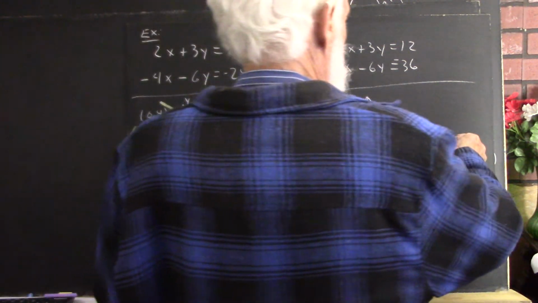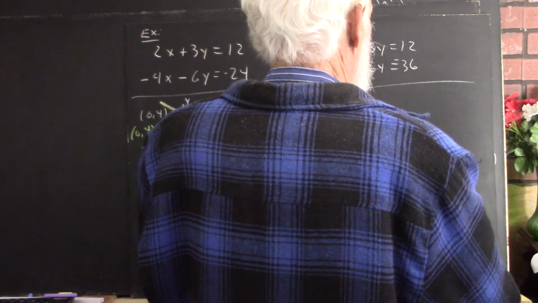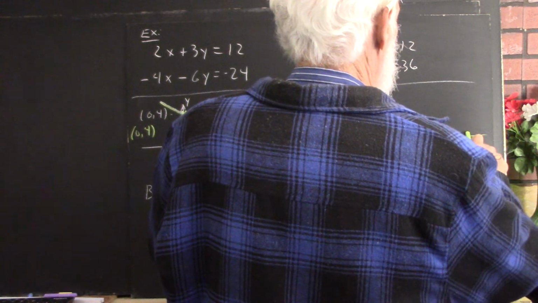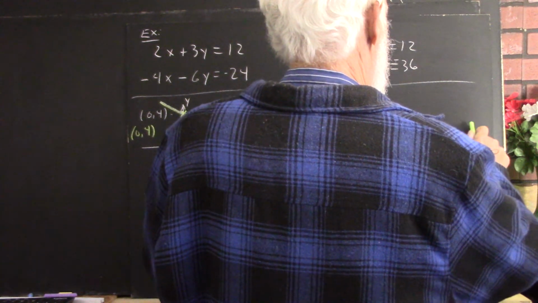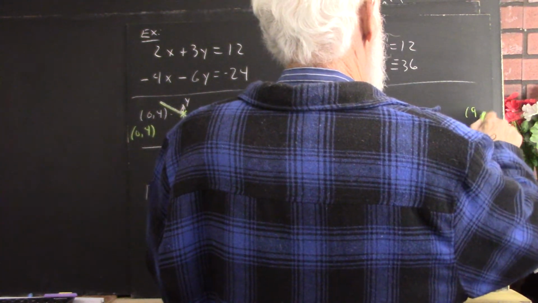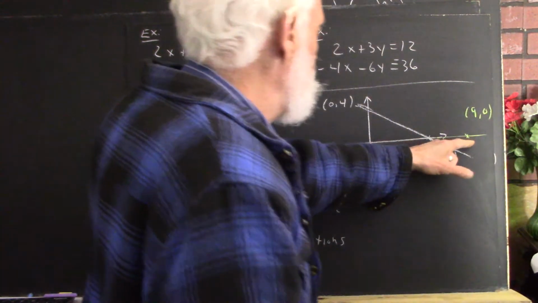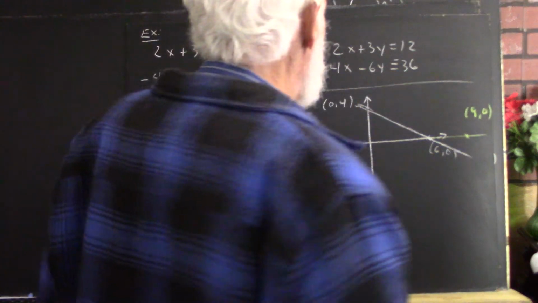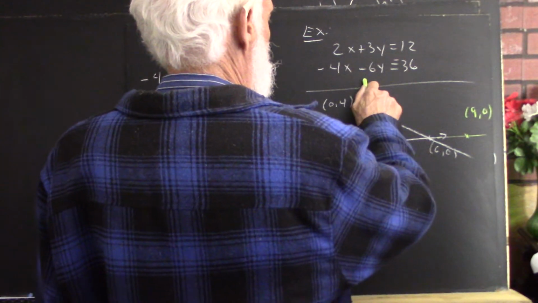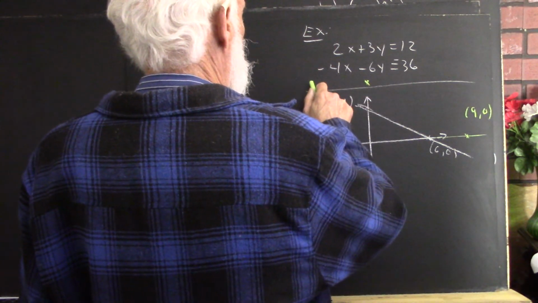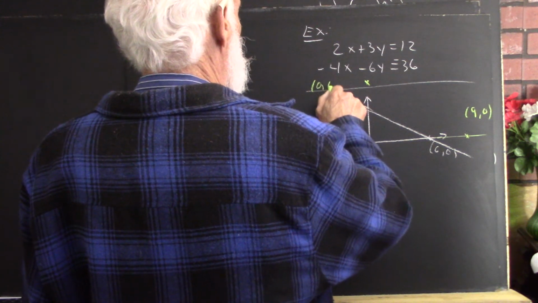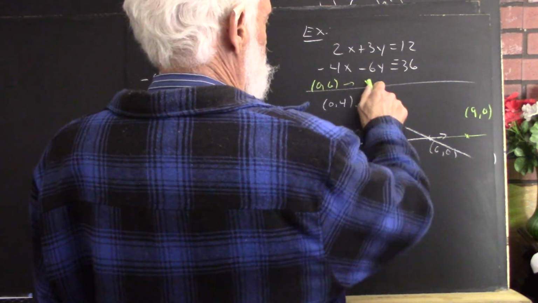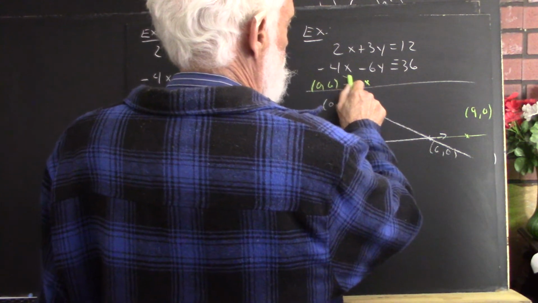I should have extended my x-axis and my y-axis a little further, but now we'll do it. So we're going to have the point 9, 0 out here, and the y-intercept is going to be 0, 6. Well, that's going to be a little high here, but 0, 6 is going to be up about here.